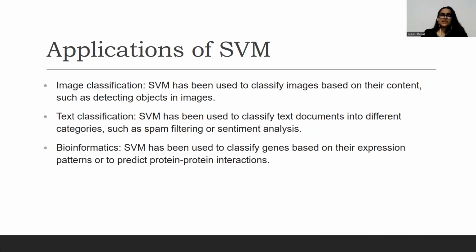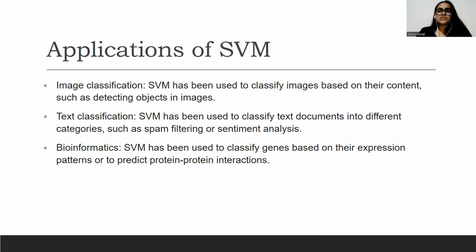Some of the applications of using a support vector machine: first is image classification. SVM has been used to classify images based on their content, such as detecting objects in the image. Support vector machine is also used in text classification, that is, SVM is used to classify text documents into different categories, such as spam filtering or sentiment analysis.